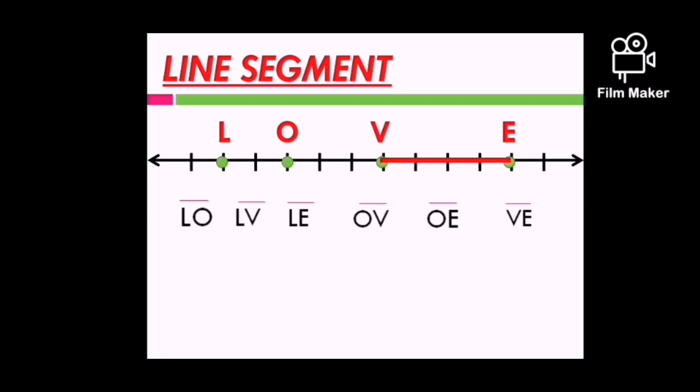We can easily determine the number of segments on the line by using the formula: number of line segments is equal to n times the quantity n minus 1 divided by 2, where n is the number of points on the line. So let us substitute: 4 times the quantity 4 minus 1 divided by 2.